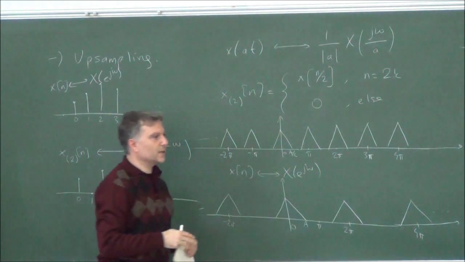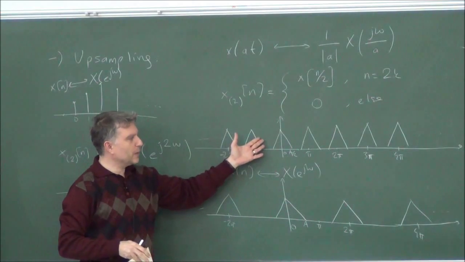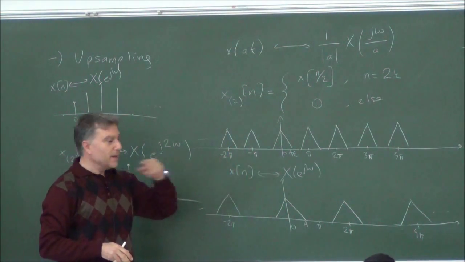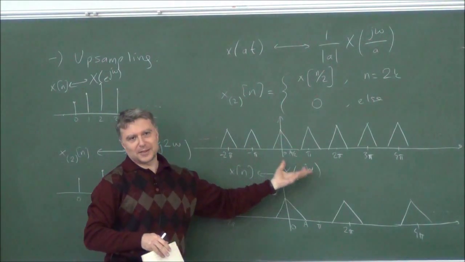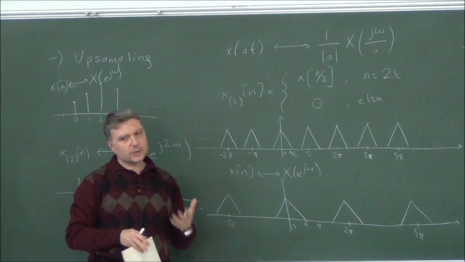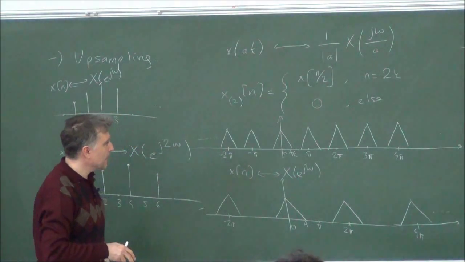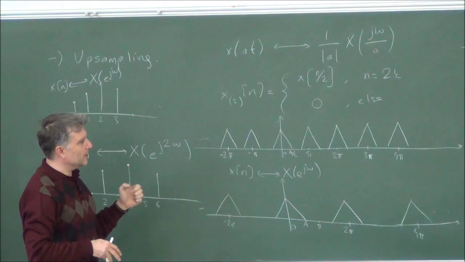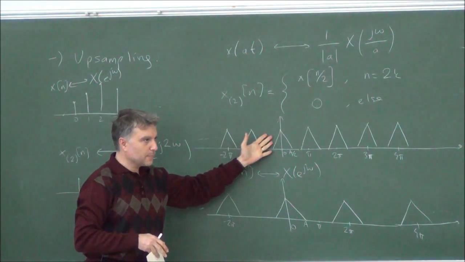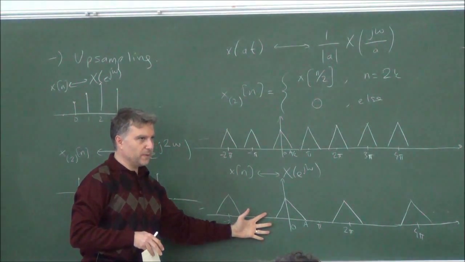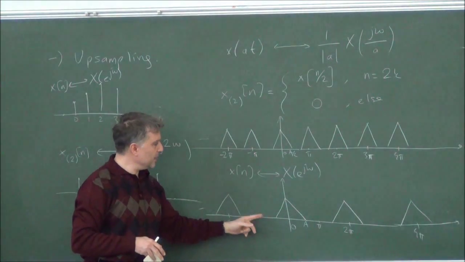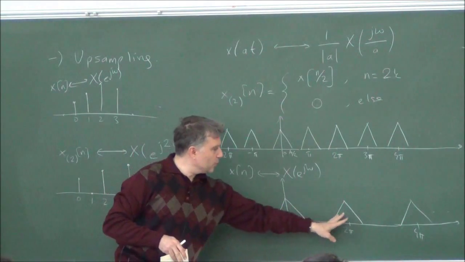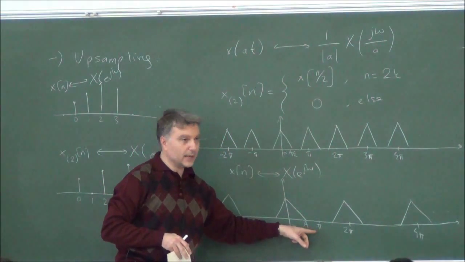Now the first question that you must ask yourselves is, is this 2 pi periodic? Yes, it is. It is even more than that. It is pi periodic now, but anything which is pi periodic is automatically 2 pi periodic. But there is a fundamental difference between the behavior of this one as opposed to the previous one. The previous one was a low pass signal. It was around 0, 2 pi, 4 pi, etc. And around pi we had nothing.